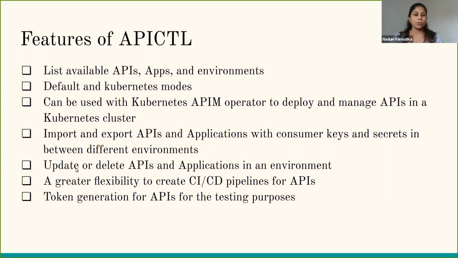And it also can be used to update or delete APIs and applications. And it has a greater flexibility to create CI/CD pipelines for APIs. And recently it has introduced the token generation support for APIs for testing purposes.